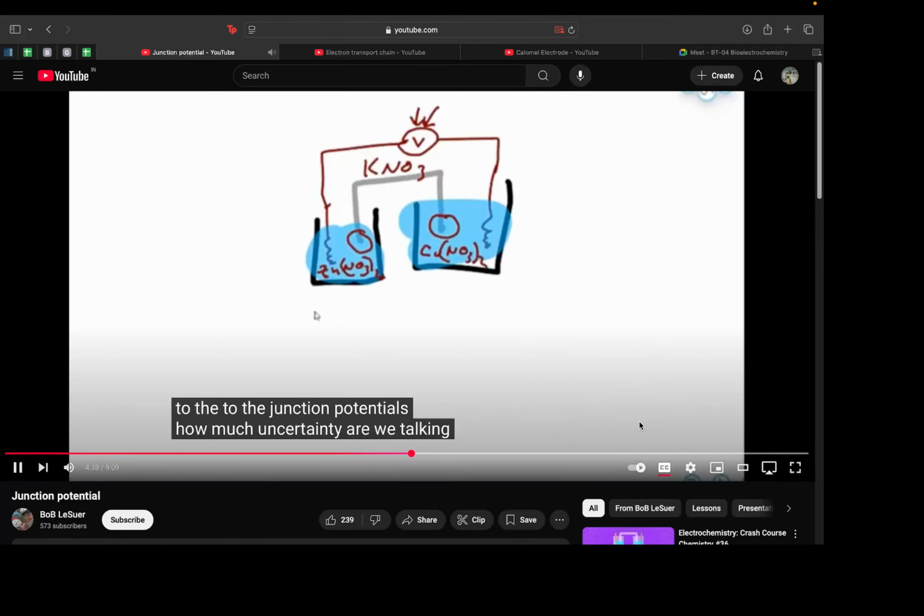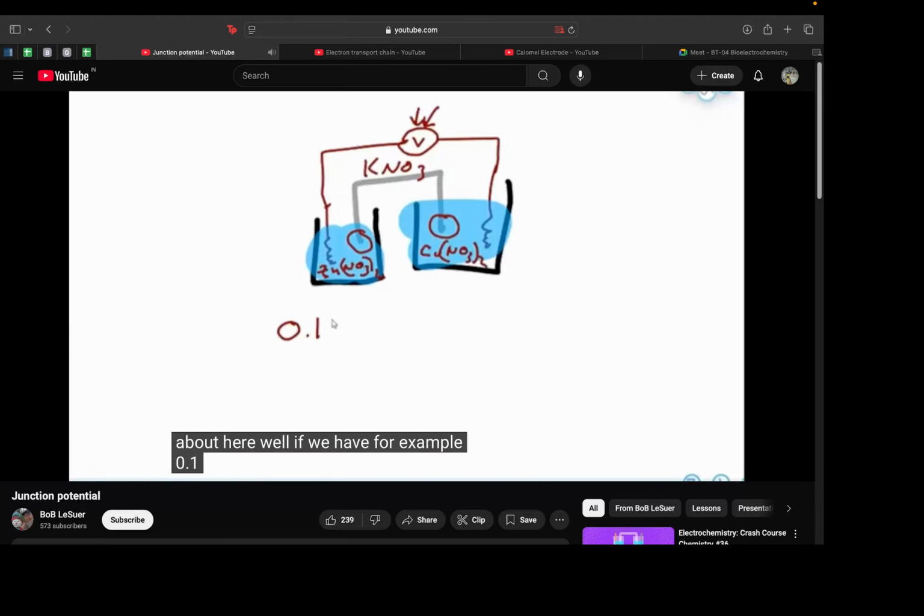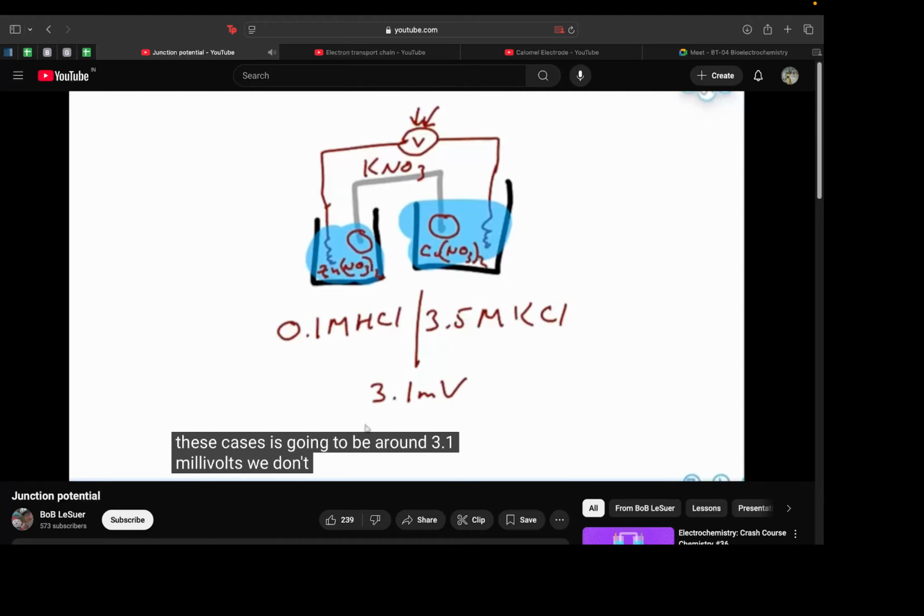How much uncertainty are we talking about here? Well, if we have, for example, 0.1 molar hydrochloric acid in connection to 3.5 molar calcium chloride, then the junction potential in this case is going to be around 3.1 millivolts. We don't need to know how this number is calculated at this point.